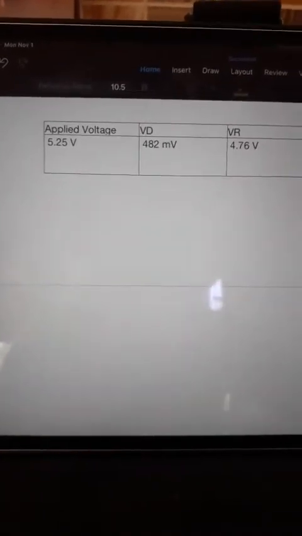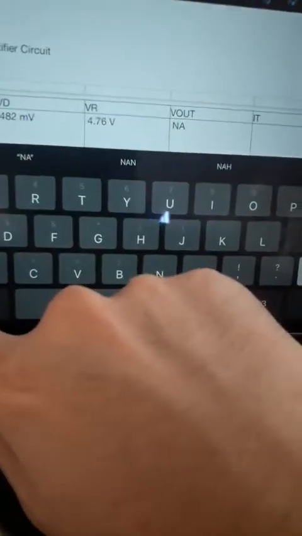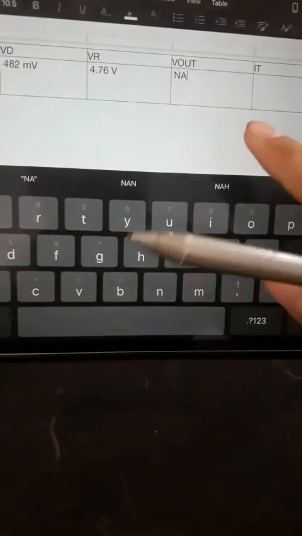So we're moving on to the total current, which is voltage over resistance, if I'm correct. So we're just going to put NA here.